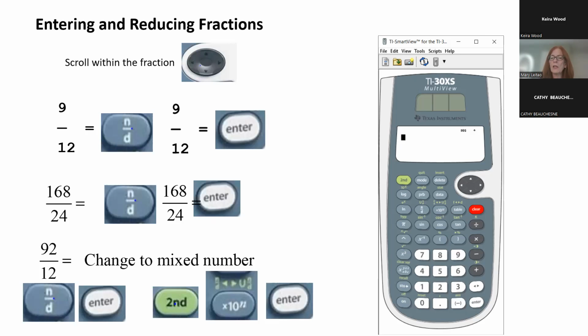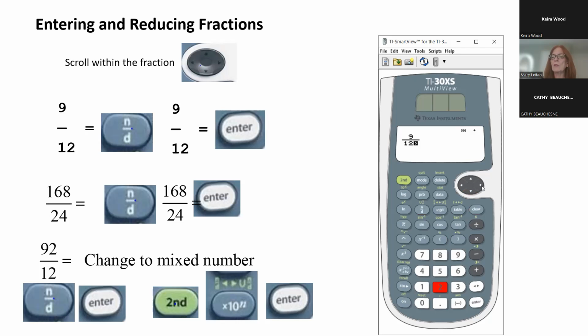So the first thing you're going to do is look for the fraction button, and it's right here. It's an N over a D, and that's numerator over denominator. We'll press that, and the cursor is flashing for the first number. So I'm going to put 9 in. And then I'm going to arrow down with the scroll button and put in 12. Now, I'm not doing any kind of function or operation with this fraction. I just want to see if the calculator will reduce or simplify it.